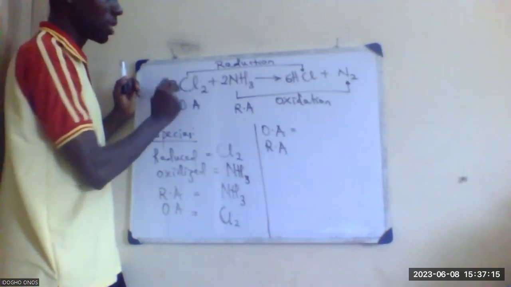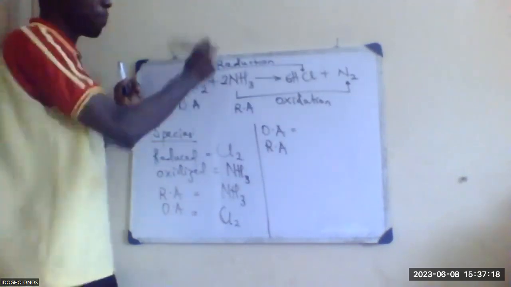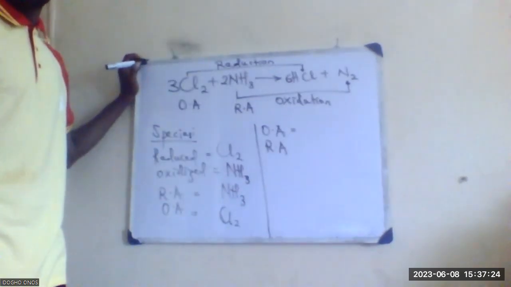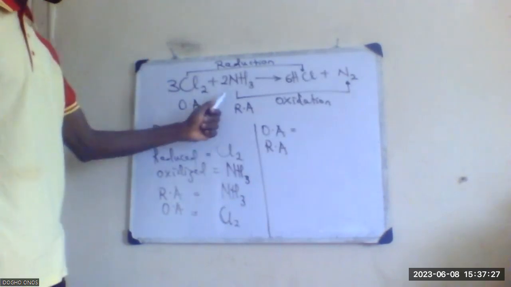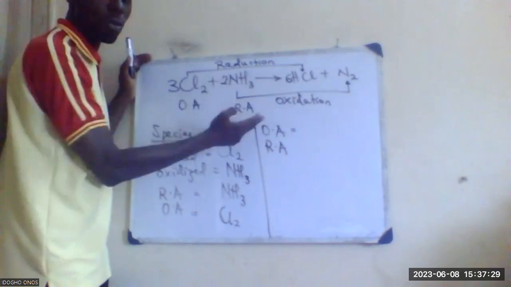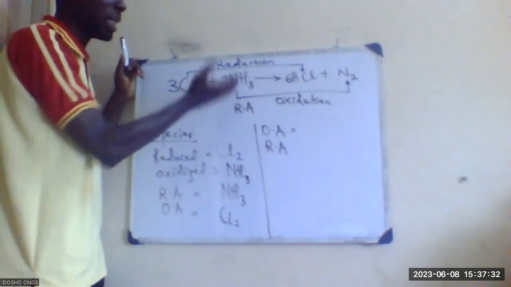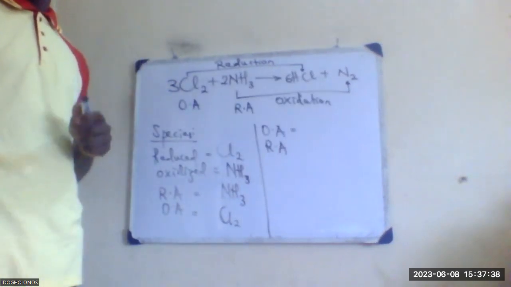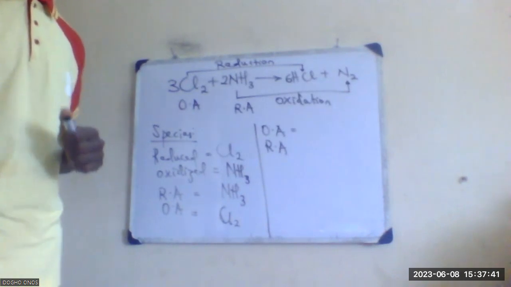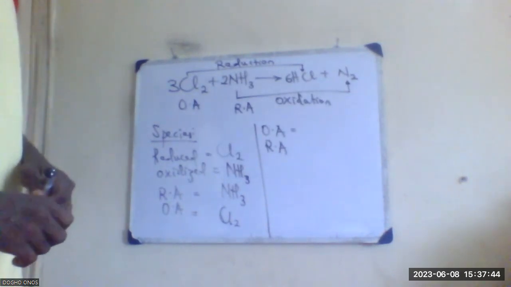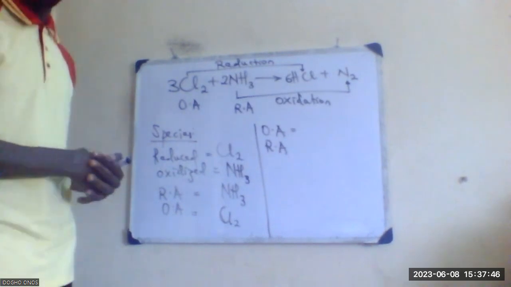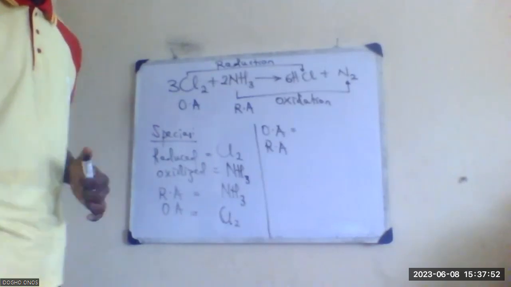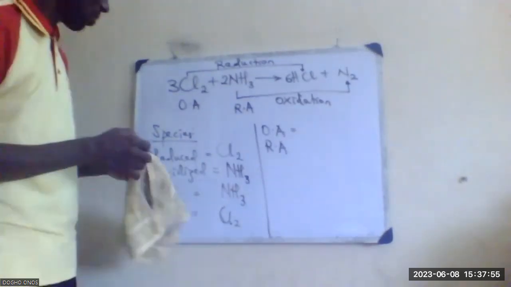You can see here this is chlorine; it has accepted the hydrogen and in the process gets reduced, that means undergoes reduction. Reducing agents are chemical species which give out or supply hydrogen, and in the process get oxidized. If you have any question, you can ask for clarity before I move on. Okay, thank you very much.